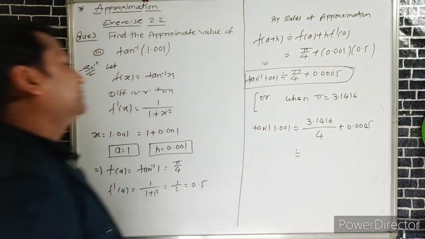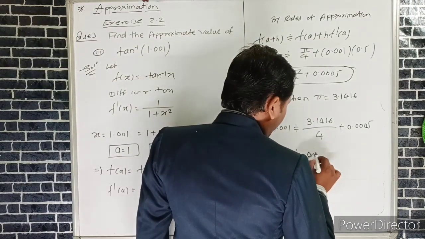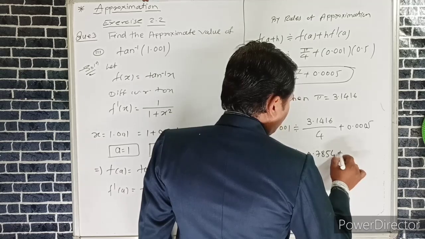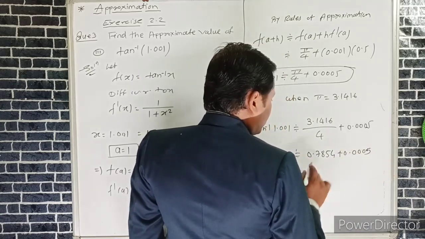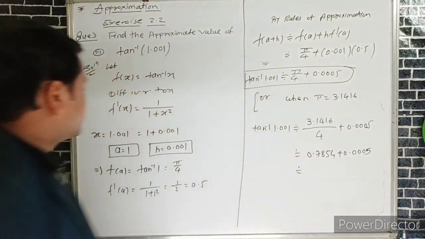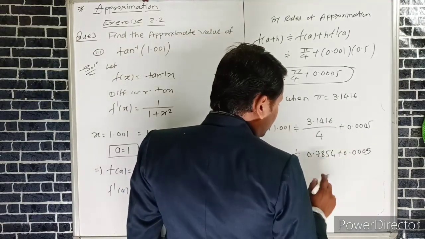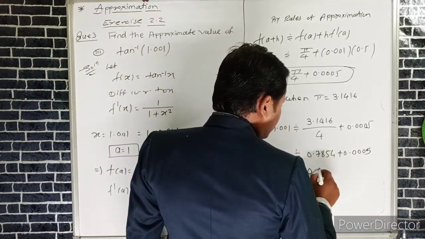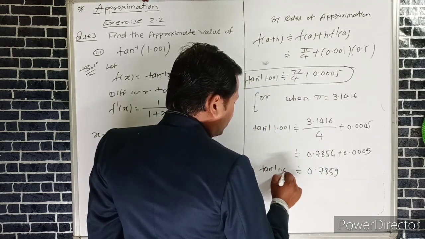If we divide 3.1416 by 4, the division of 3.1416 upon 4 is 0.7854. So 0.7854 plus 0.0005. If we add these both terms, we get 0.7859, which is the approximate value of tan inverse of 1.001.